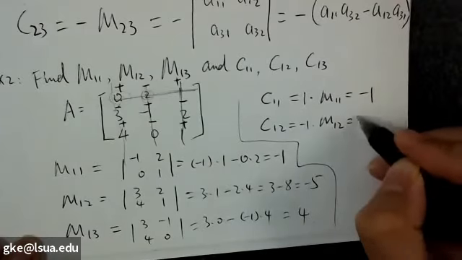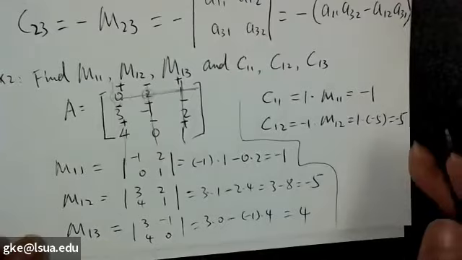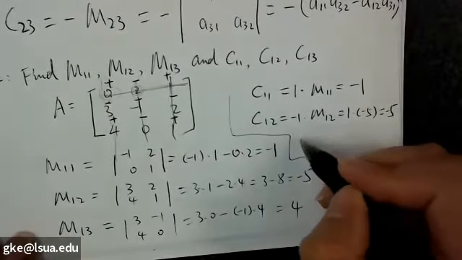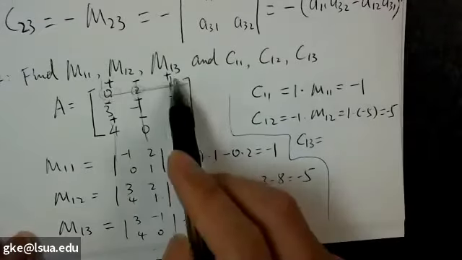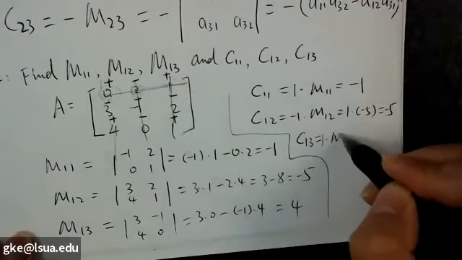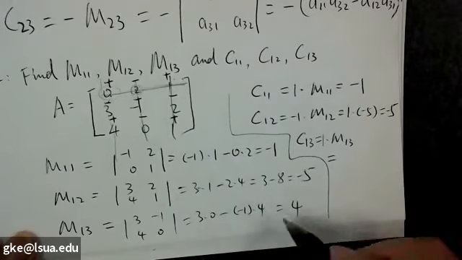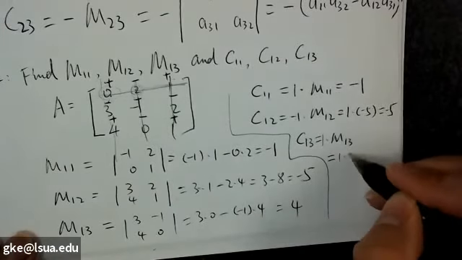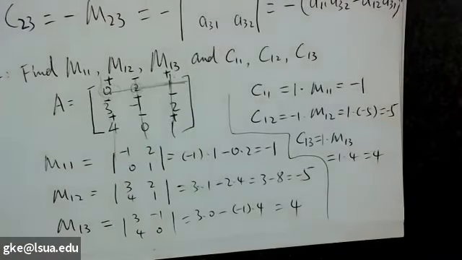M12 is -5, right? And C13 is positive, and M13 is 4. 1 times 4 is 4, right? That's it.